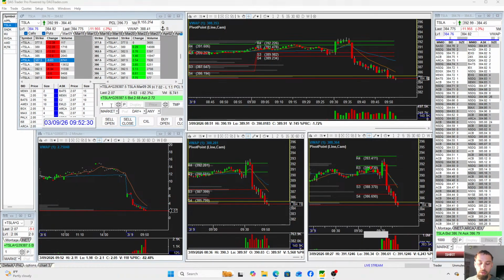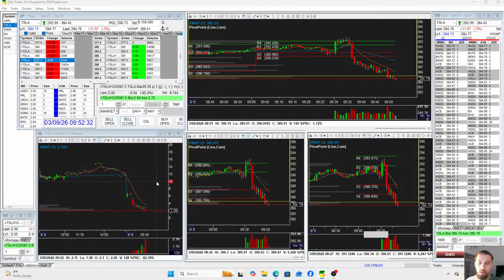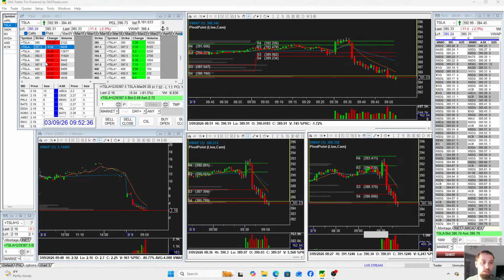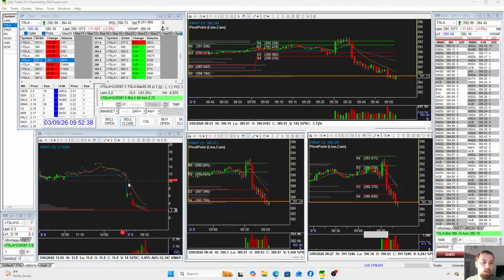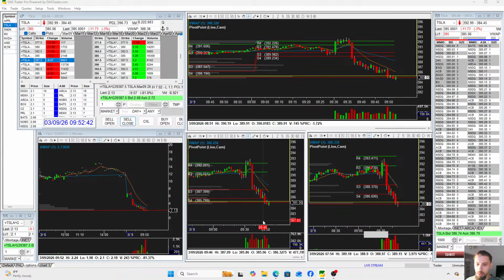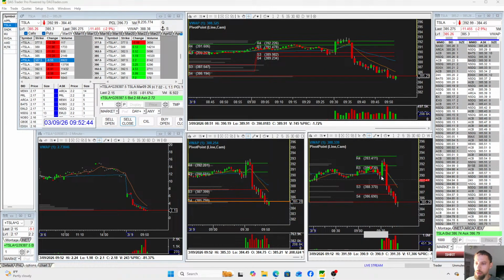So if I do take a position here, it'd be long puts. Or excuse me, not long puts. Long calls. Just watching the price action here.